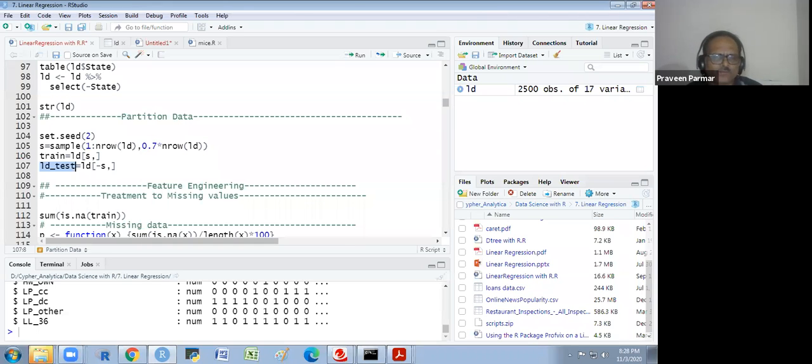So sometimes what we do, we divide the data into 3 parts also: training, validation, and test. The test data we keep aside.